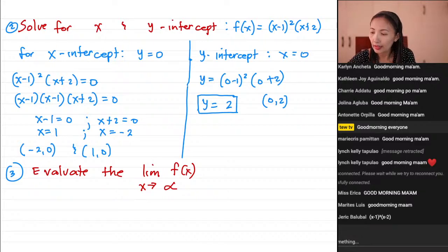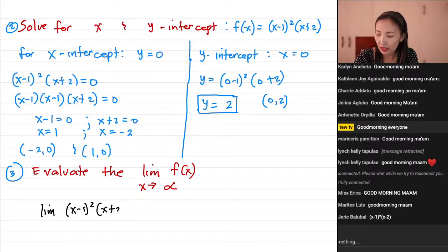Now, since our function is a polynomial function, the limit of (x minus 1) squared times (x plus 2) as x approaches infinity, what is it equal to? Infinity. We think of infinity as a very large number.